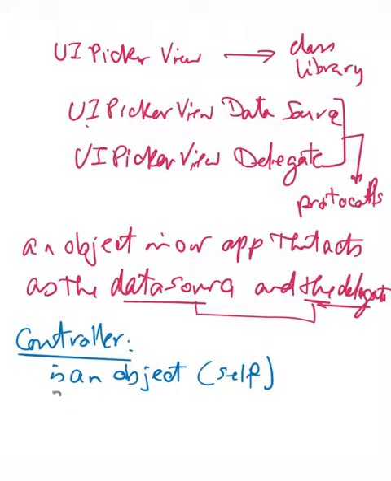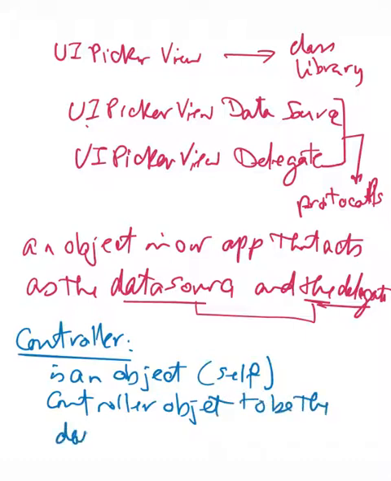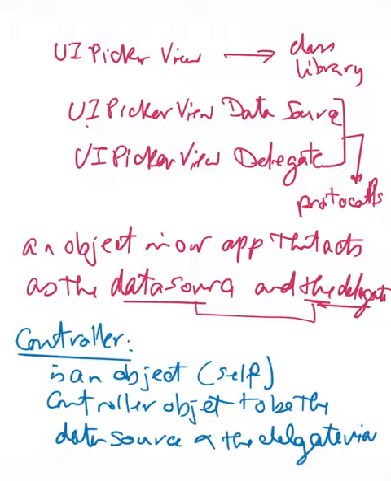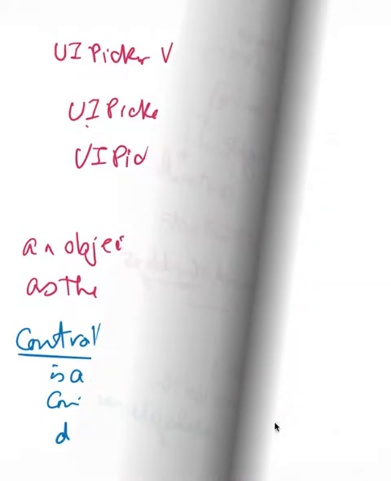So we can use the controller object to be the data source and the delegate for the pickerView, which means we have to implement in the controller more life cycle methods to perform and provide what the pickerView needs.